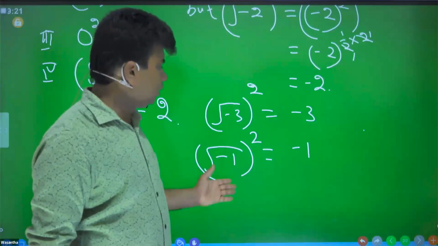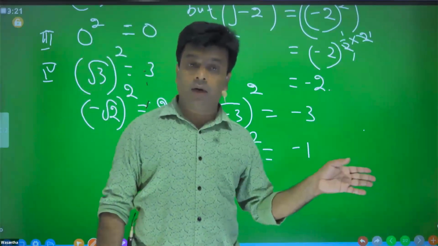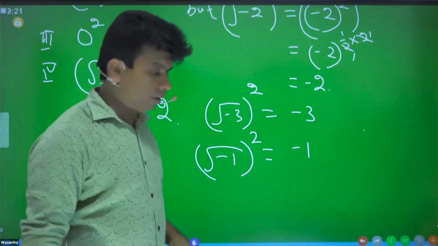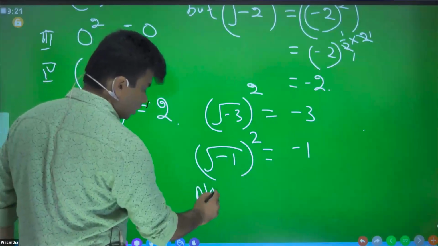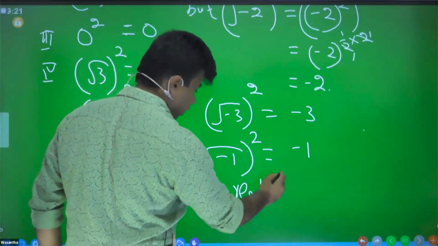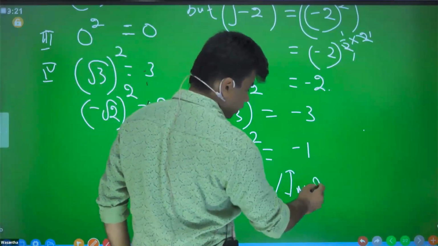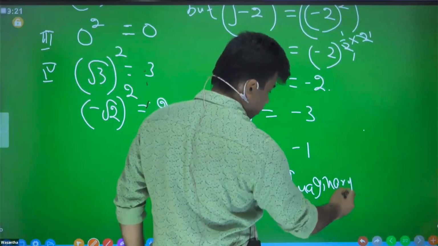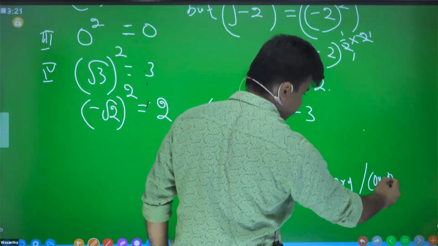But when we come to these things, they are not real. That means they are called non-real numbers, otherwise imaginary, or complex numbers.